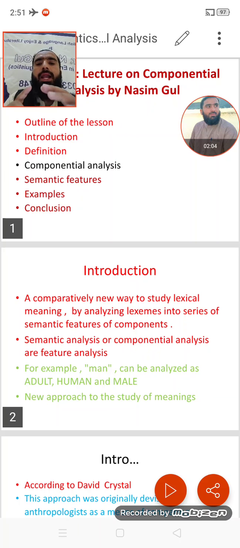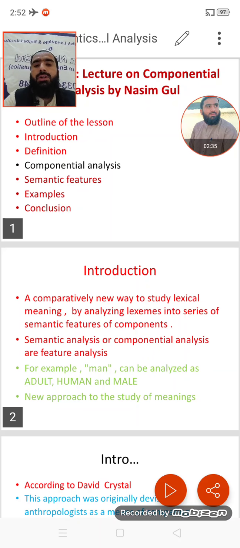Okay, so we are separating different words into different components, and then we are trying to make meaning of those components. First of all, we study those parts individually, separately, and then we combine them. So this is called componential analysis: we are analyzing the components of meanings.